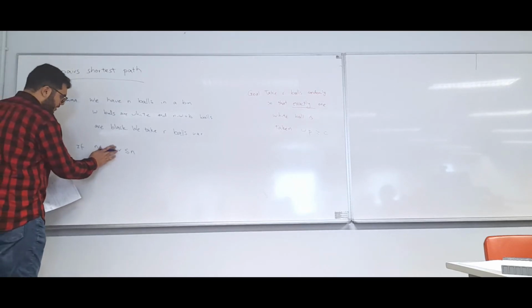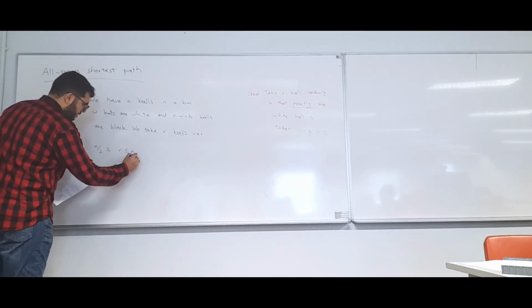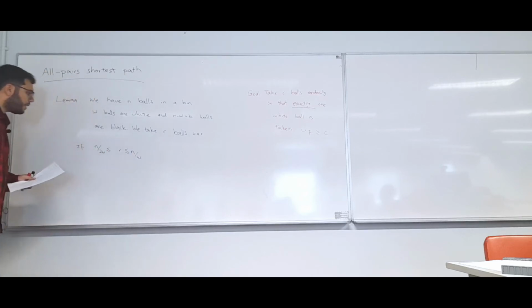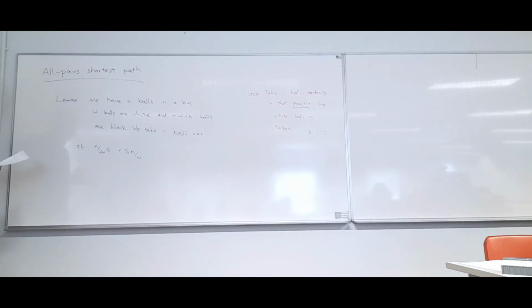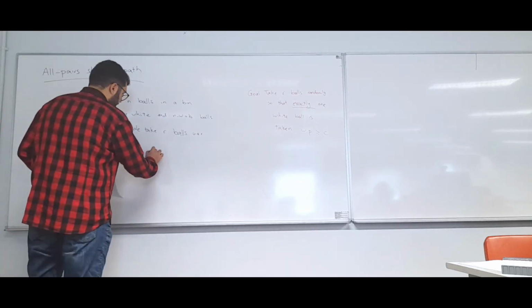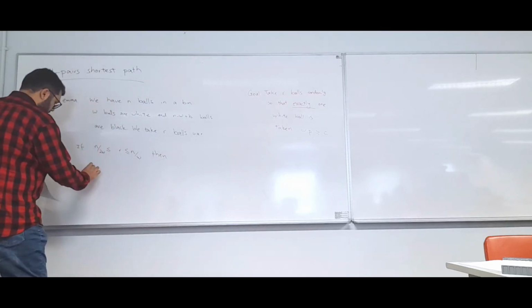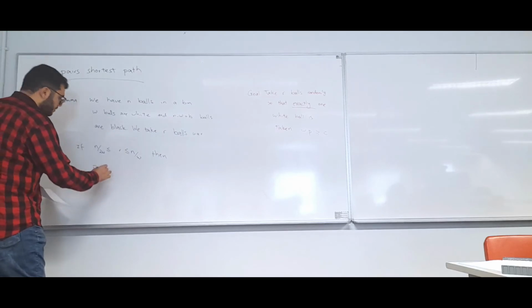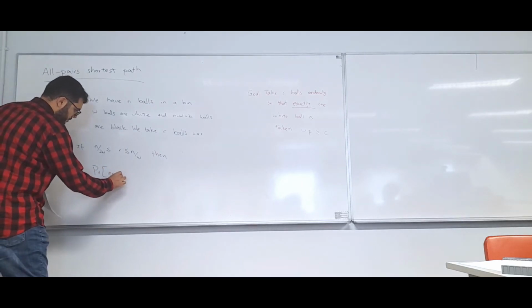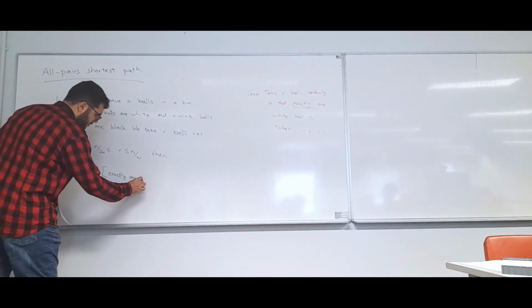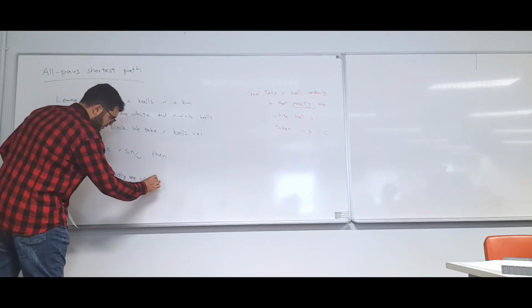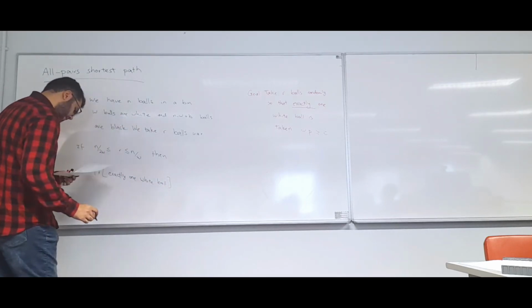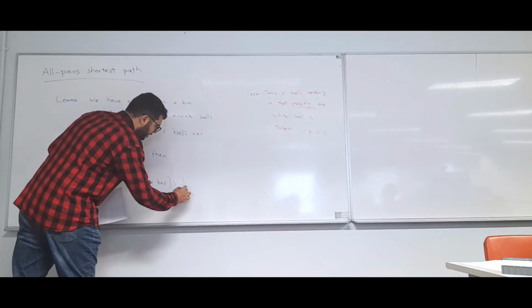So I can write it like this. If I have this inequality, then the probability that I have one white ball is going to be high. Then the probability that I have exactly one white ball is actually greater than or equal to 1 over 2e.